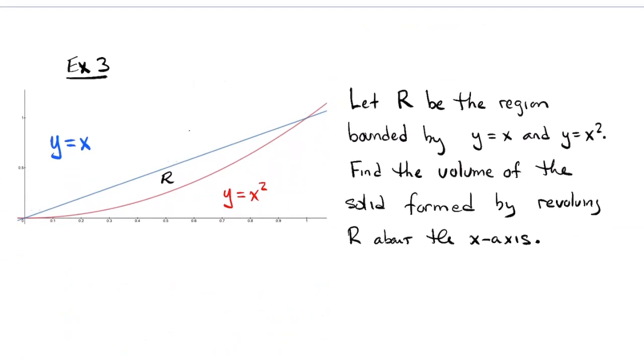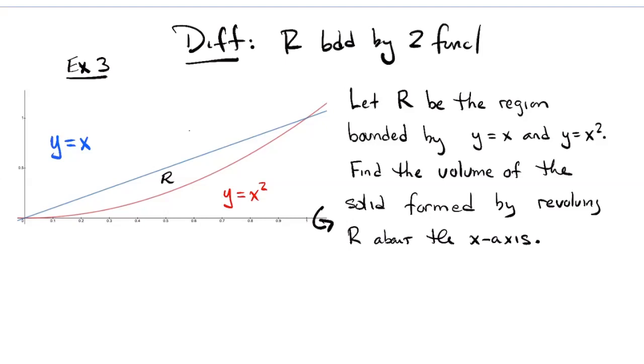Let's do another example. Same kind of thing. I've got a region R. I've drawn it there. It's the region between the line y equals x and the parabola y equals x squared. I want to rotate that region around the x-axis, but this one's a little different, because R is bounded by two curves, neither one of which is the x-axis.